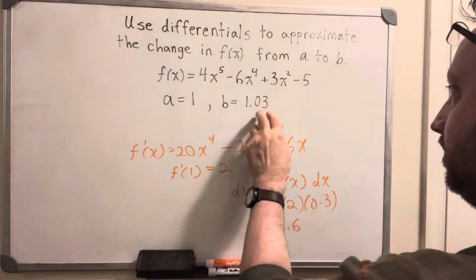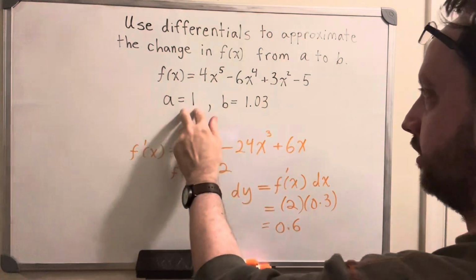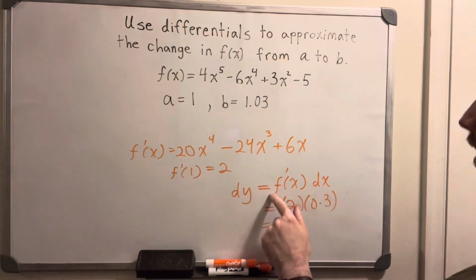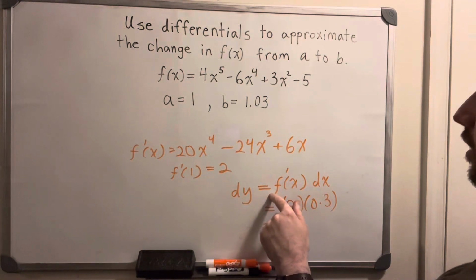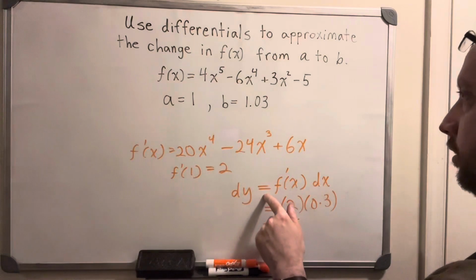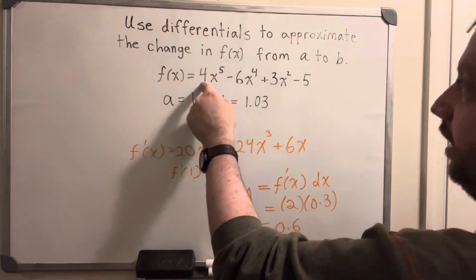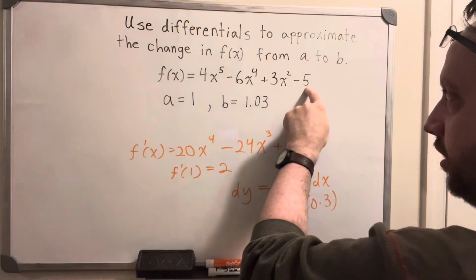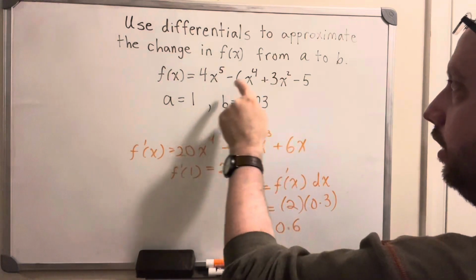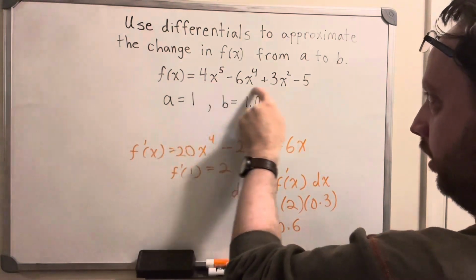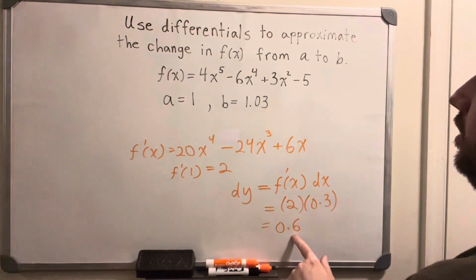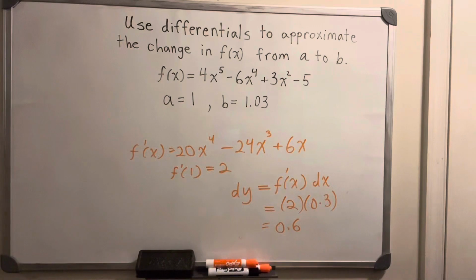Now, as this number gets closer and closer to this one, this technique of differential as an approximation gets closer and closer to the actual change, and it's a lot faster, as you can see, than plugging 1.03 into this function and subtracting the value with 1 plugged into this function. So the answer was 0.06.